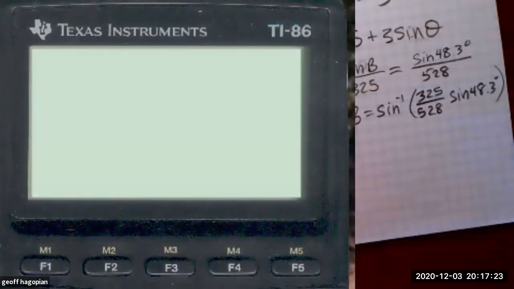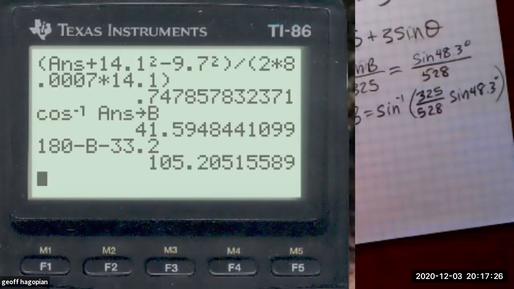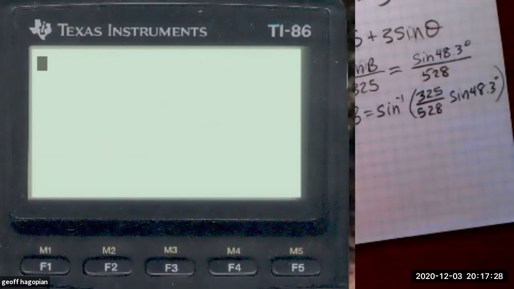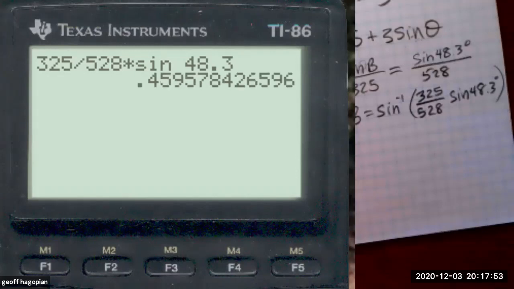So we turn on the calculator and do that. We're in degree mode, I think. So 325 divided by 528 times the sine of 48.3. And that's going to be the sine of beta, so we want the inverse sine of that.